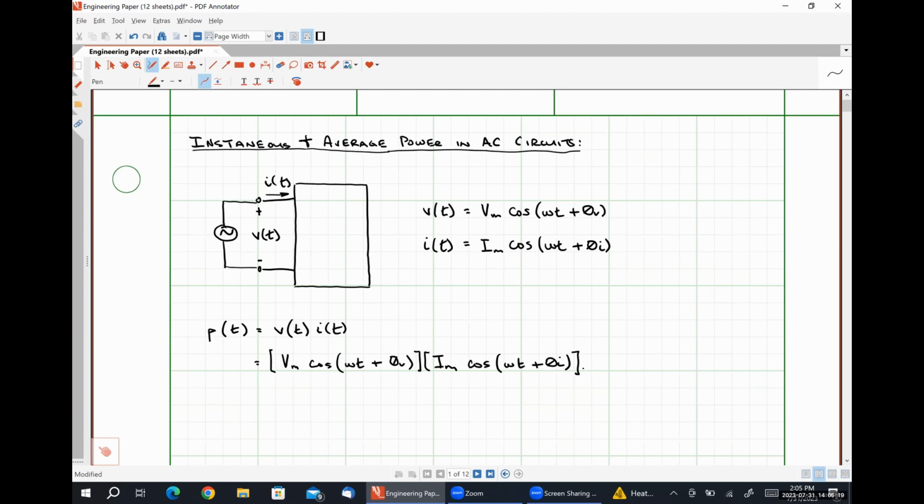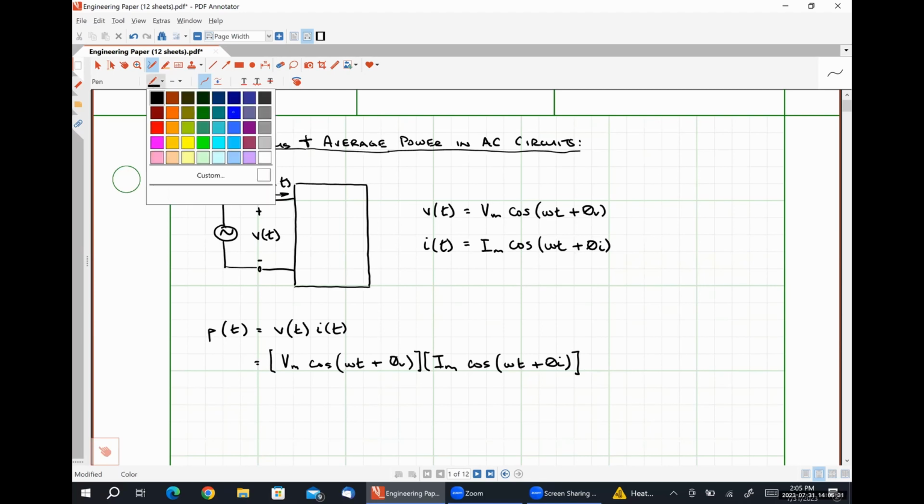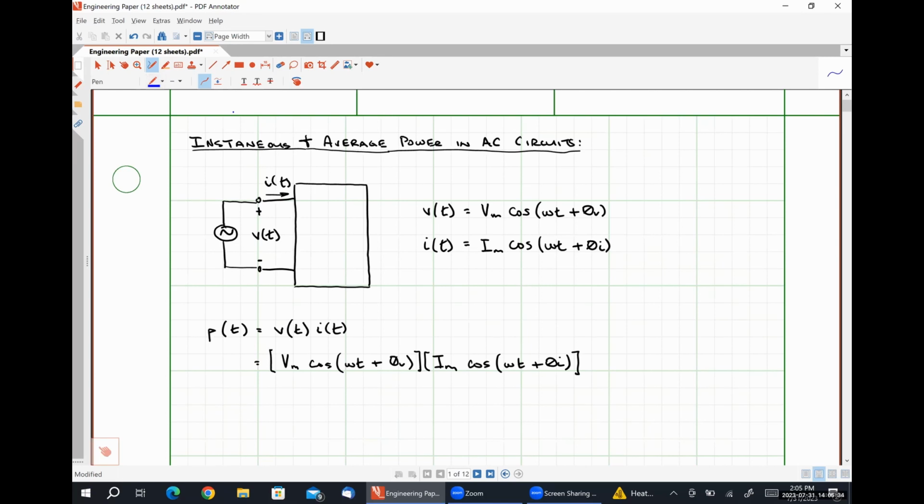And luckily for us, we have a trig identity that allows us to take into account the product of 2 cosine functions. Okay, so that trig identity, which I'm going to do over here in blue, is cosine, let's call it alpha, times cosine beta is 1/2 cosine alpha minus beta plus 1/2 cosine alpha plus beta.